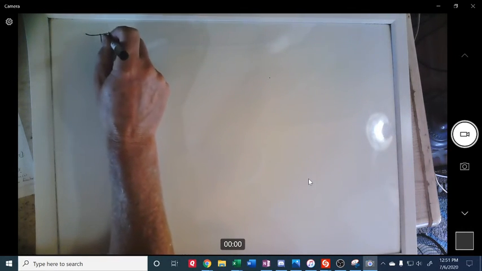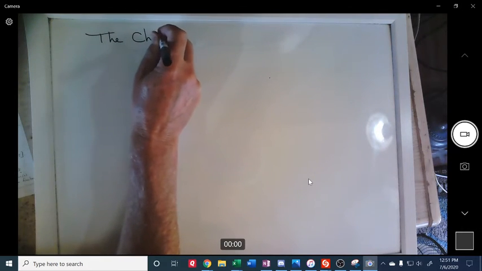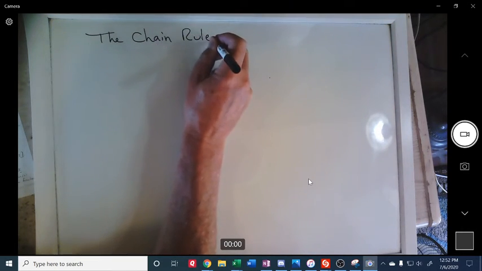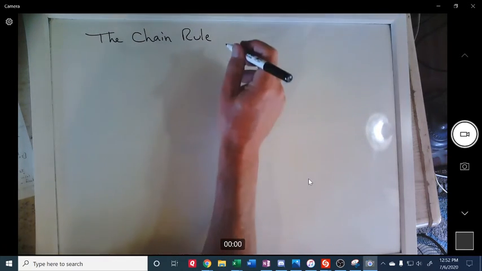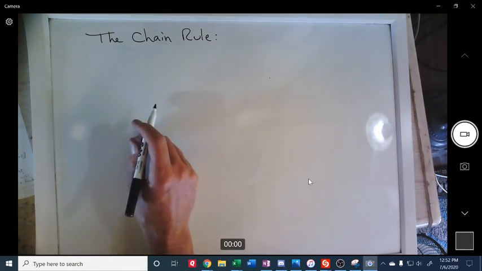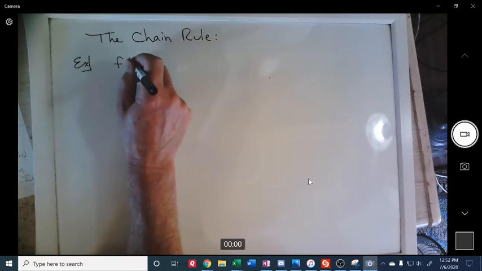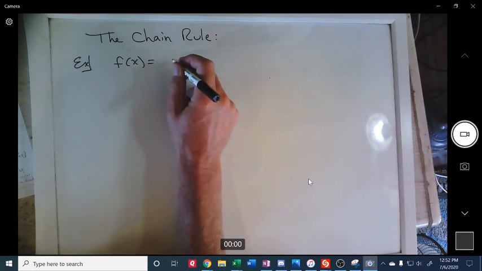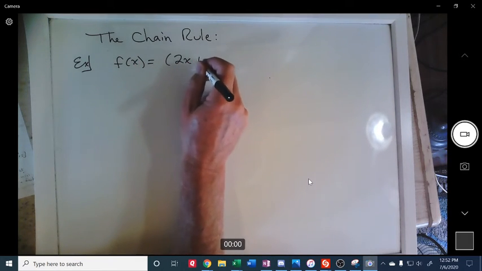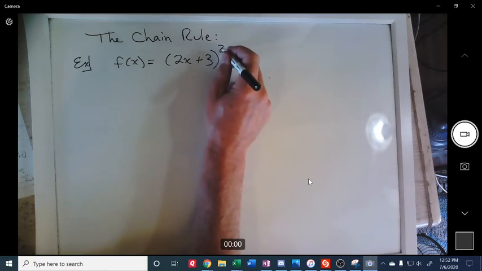All right. So when we're trying to take the derivative of a function within another function, what we're going to need is the chain rule. And I'm going to start with this example. F of x is equal to 2x plus 3 to the 8th power.